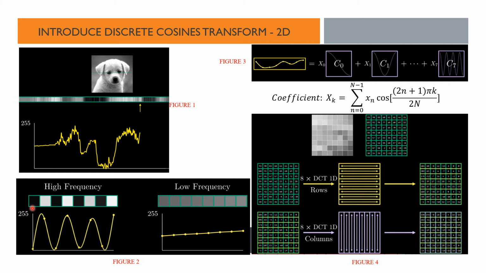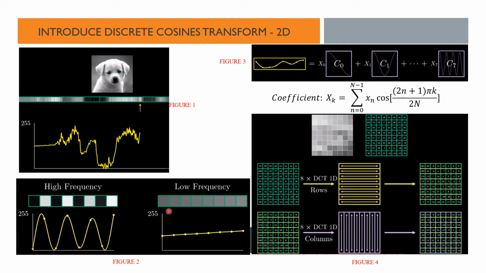If we check the color of two pixels next to each other, and we see the color change rapidly from dark to bright, bright to dark like this one, it means the value changes a lot, from 0 to 255, from very low to very high. This means it has a high frequency.